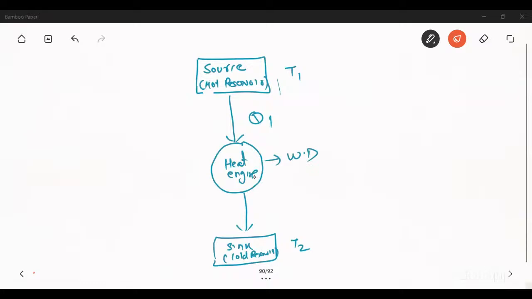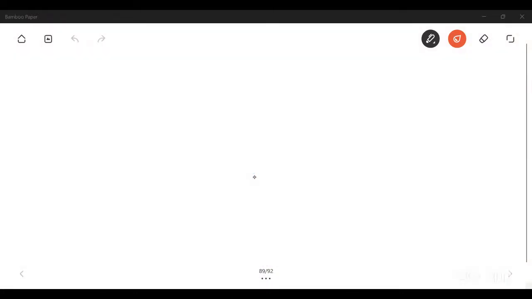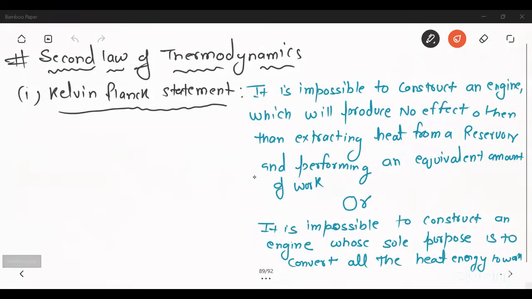So in thermodynamics class, we are discussing the second law of thermodynamics. The second law of thermodynamics states whether the reaction will be spontaneous or non-spontaneous. So in the second law of thermodynamics, there are two statements. First is Kelvin-Planck statement, and second is Clausius statement.